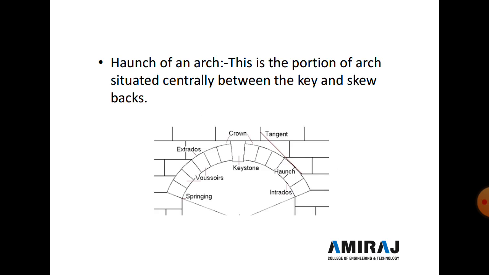Then the haunch of the arc. This is the portion of the arc situated centrally between the key and the skewback, known as the haunch.